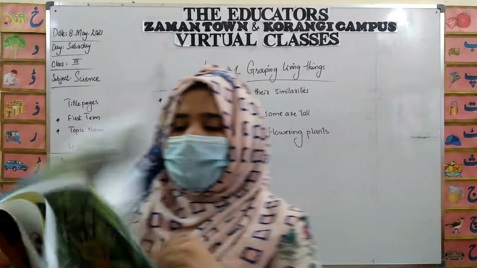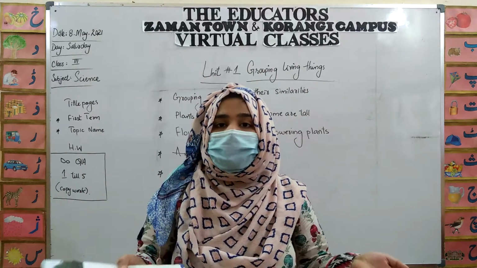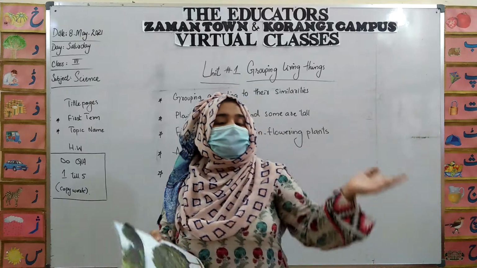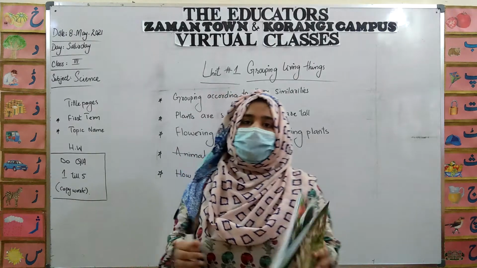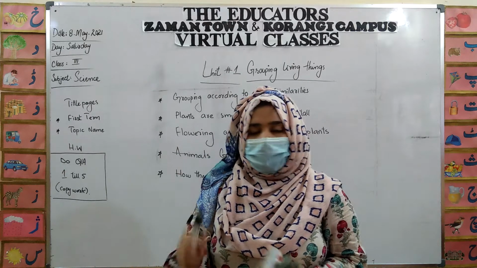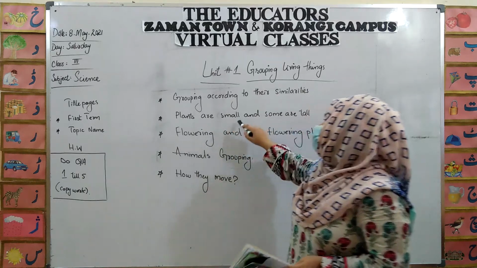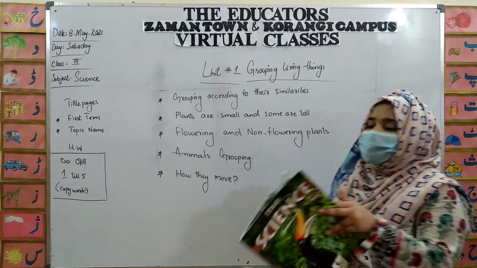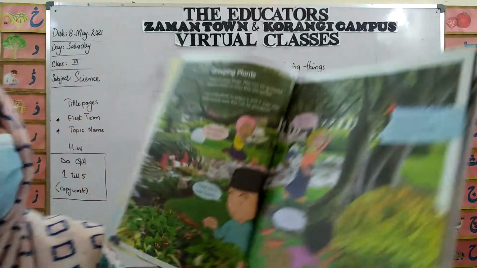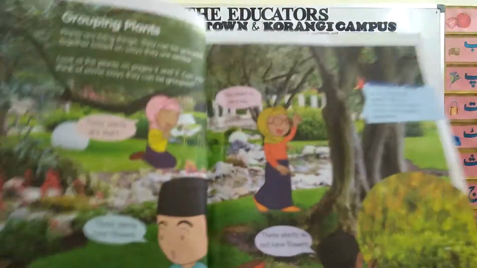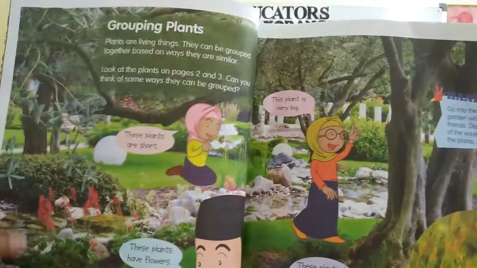There are many plants. As you move through your garden, you can see there are many types of plants. Some are tall and some are short. First of all we are talking about the small plants. You can see in your book on page number 2 and 3 there are many plants.